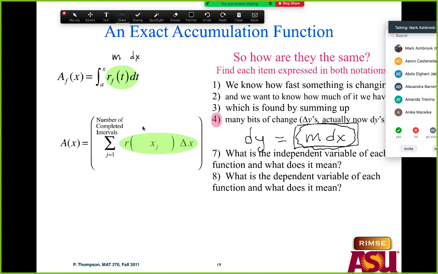Likewise here, this was our constant rate over the interval times the width of our interval, delta x. That's what gives us a little bit of accumulated change. And then the accumulation function is where we keep track of the running total. We're adding those bits and keeping track of all the accumulated change, the sum total, up to the current value of x. So that's the way you want to think about an integral from now on.